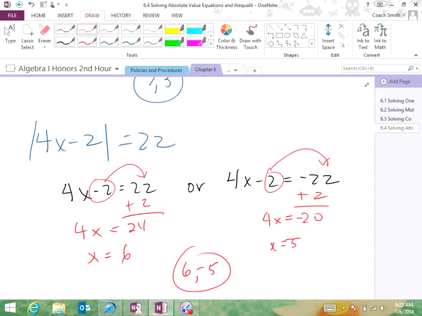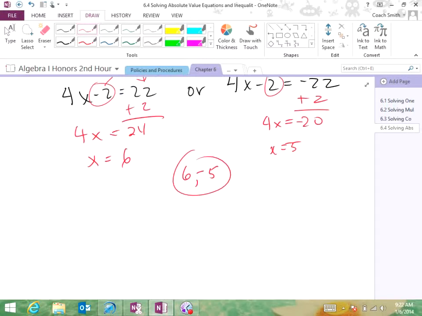The absolute value of 22 is equal to 22. Same deal. And then you'd plug in negative 5. 4 times negative 5 is negative 20. Negative 20 minus 2 would be equal to negative 22. Absolute value of negative 22 would be 22. So that would be the answer as well.